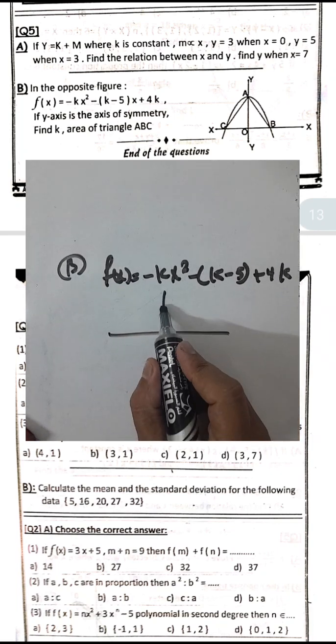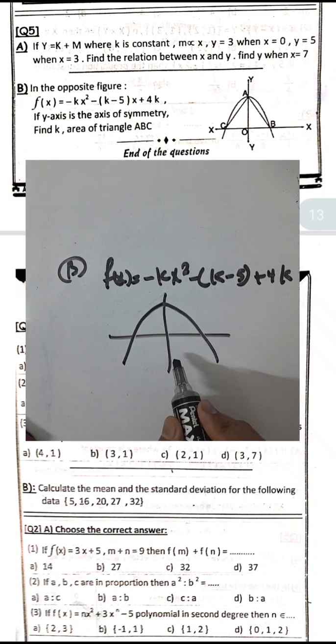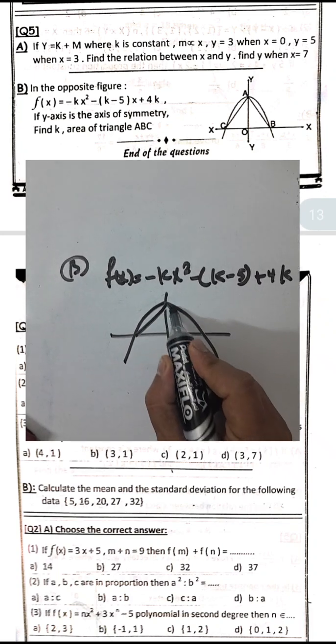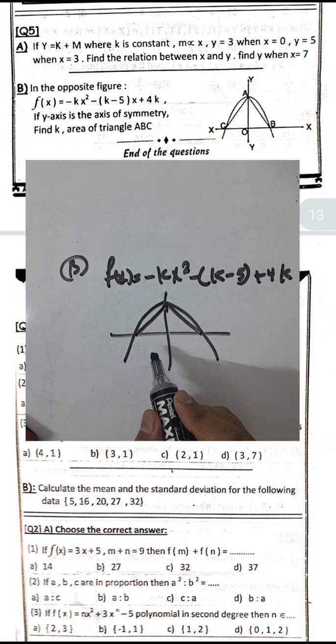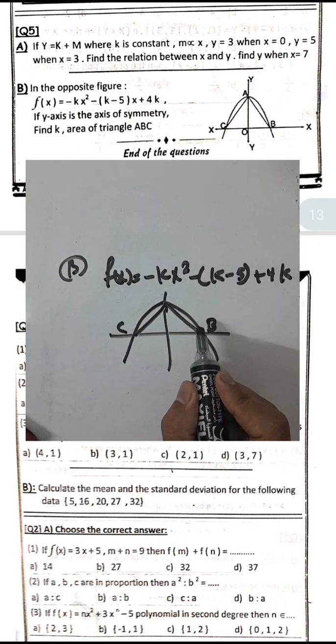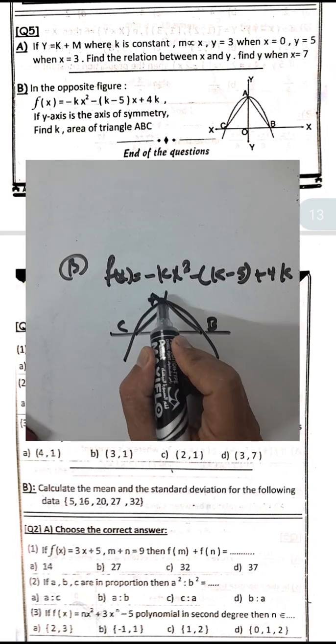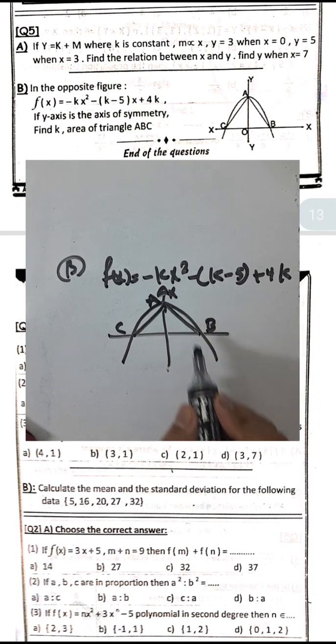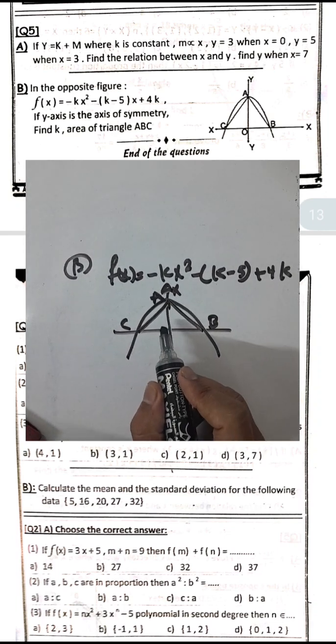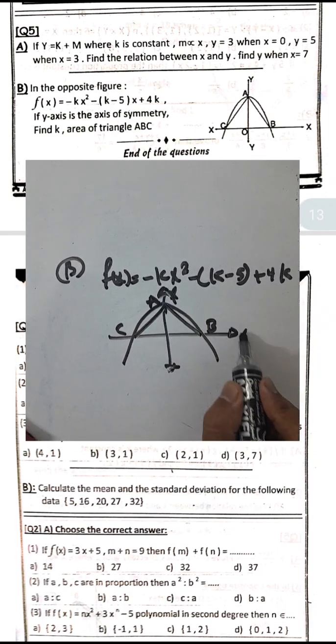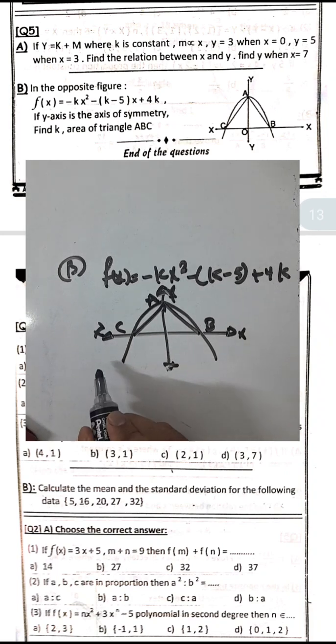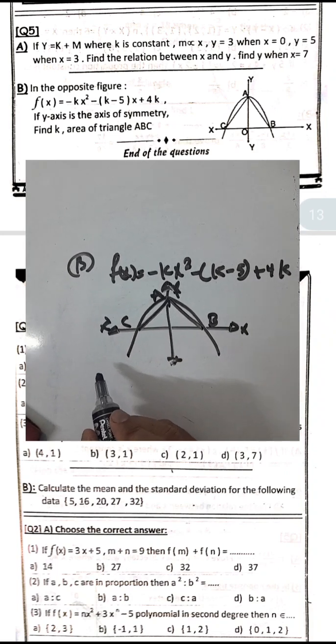We have here a curve. Here is C and P, and the point A, and here the x axis. We have the function here.